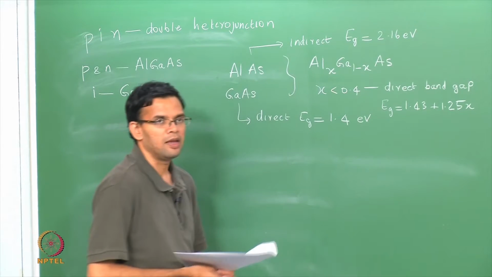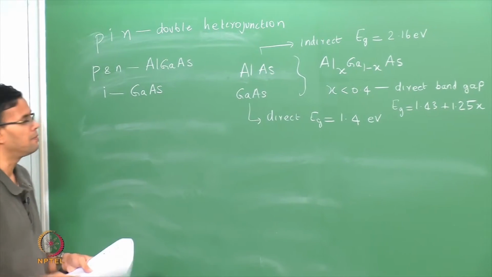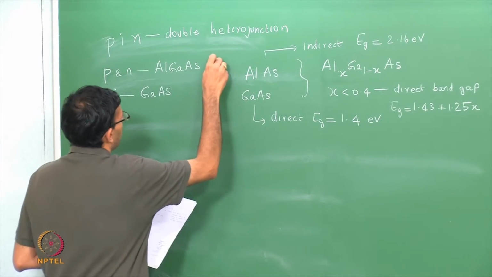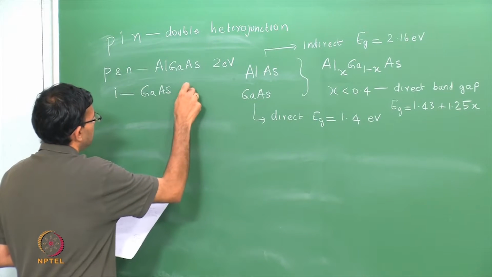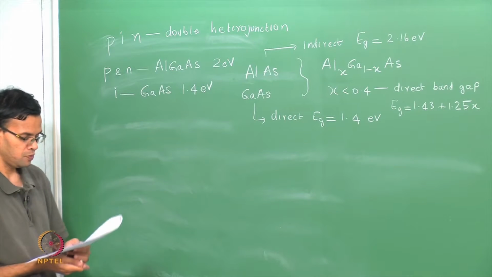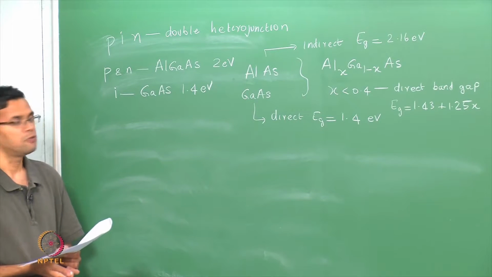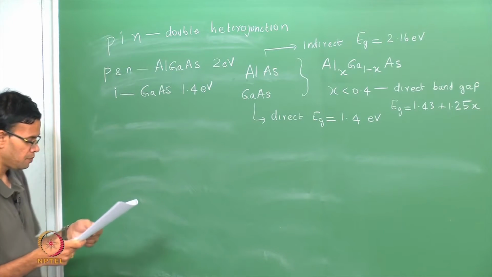So, this is just an empirical relation. So, we start with aluminum gallium arsenide of band gap 2 electron volts, and we have gallium arsenide band gap 1.4 electron volts. So, we are going to form a double heterojunction with these two materials.